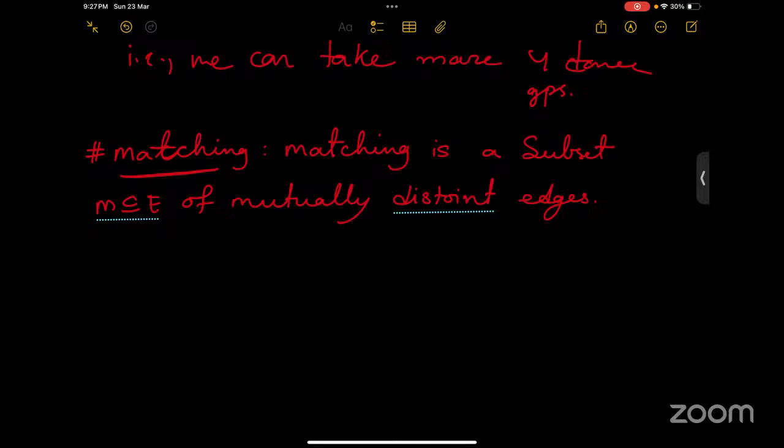That means if I take the corridor problem, we can take only those corridors which don't have any intersections. We will consider only edges which are mutually disjoint. Are you getting my point?